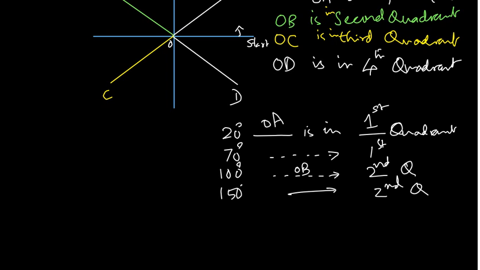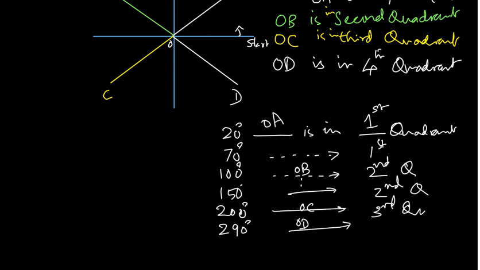Yeah, it's OB. And I have 200 degrees. Yeah, of course, that's my third quadrant. And if you have 290, no, this is 270.